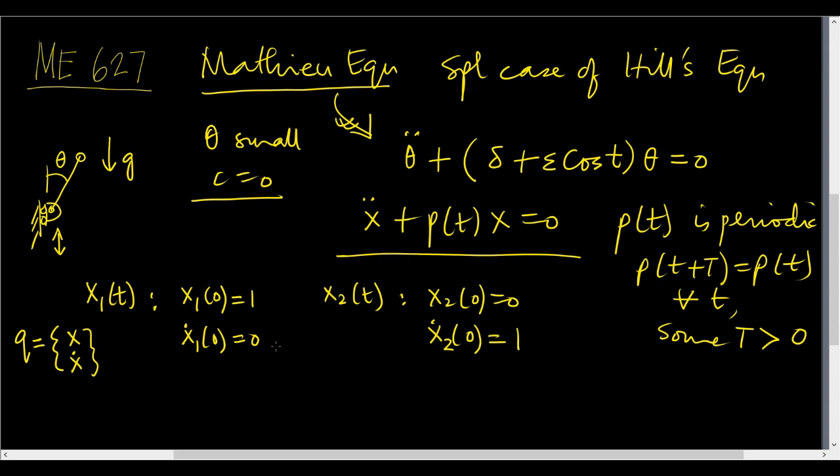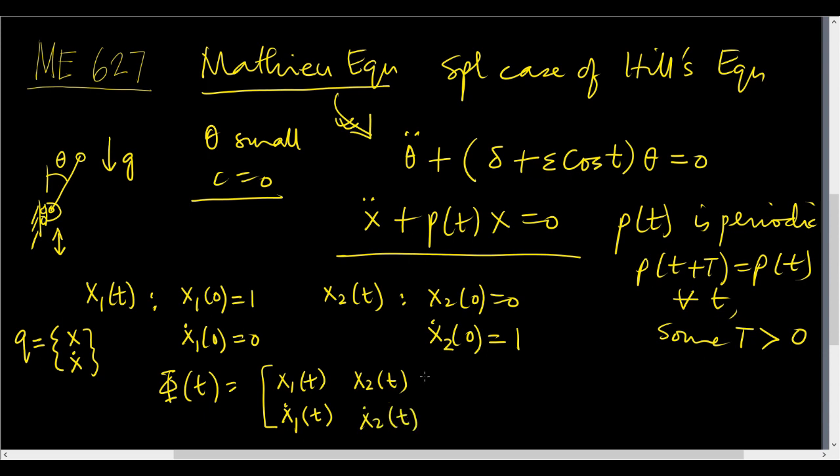Then you will remember from our earlier discussion that the fundamental solution matrix is nothing but this matrix: x1 of t, x1 dot of t, x2 of t, x2 dot of t.